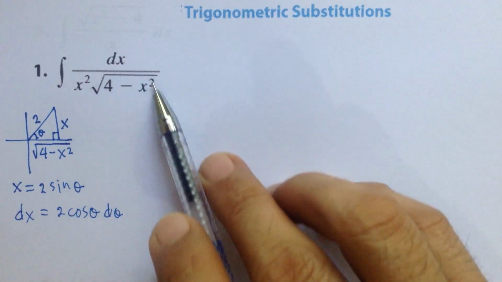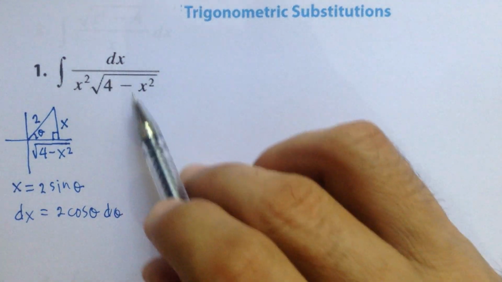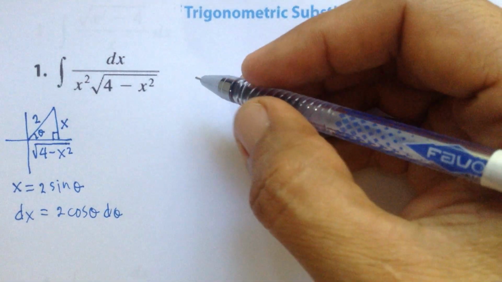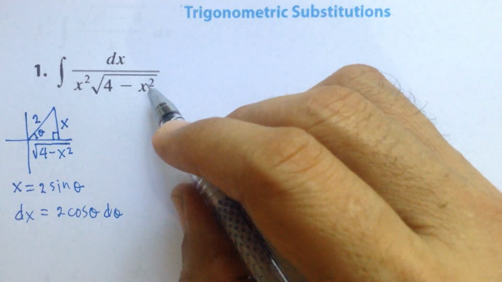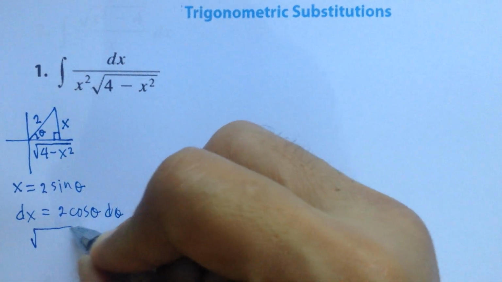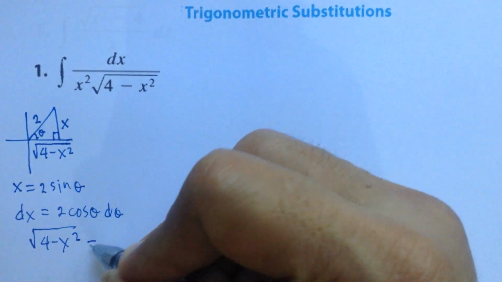Now we are able to find an expression for dx and x, but we don't have the expression for square root of 4 minus x squared. Although you can substitute it directly there, and as you go on with your solving, you can find an expression for this. But let's do it here. What is an expression for 4 minus x squared?